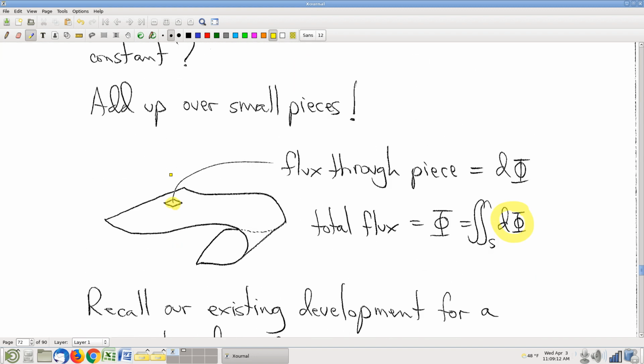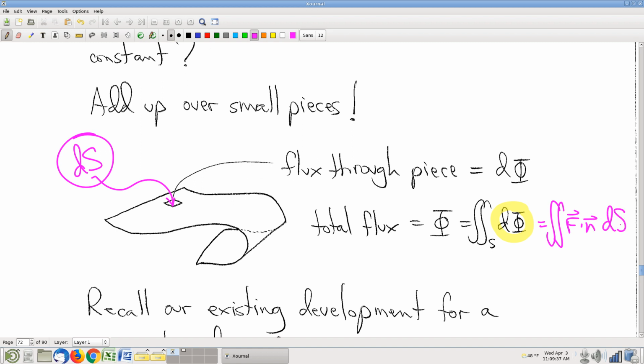And that simplifies very nicely in this context. If on this little piece the area is dS, as was our choice of notation when we were looking at surface integrals a while back, then this just becomes a double integral of F dot n dS. So there's our new kind of integral that we want to be able to compute.